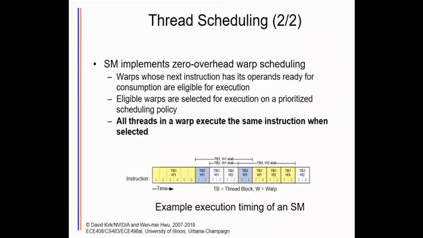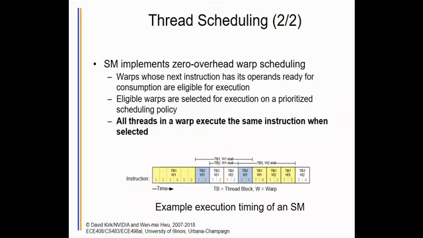So basically what we're saying here is all those warps in the streaming multiprocessor are going to be tracked. Every one of these warps will have a program counter, and the program counter will tell you which instruction will be executing in the threads of the warp. Remember, these are single instruction multiple data, so all the threads in a warp will be executing exactly the same instruction.